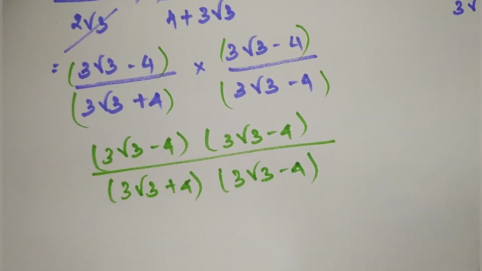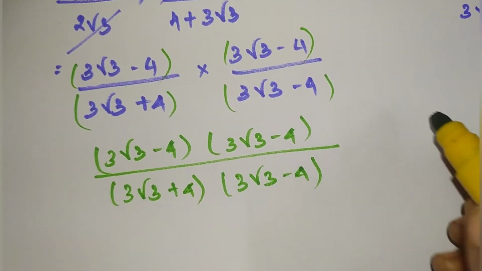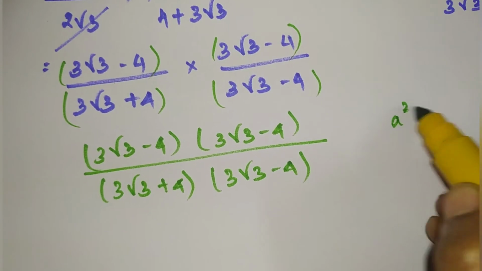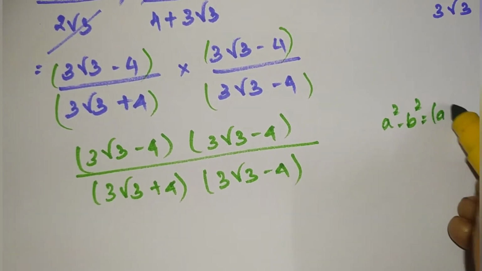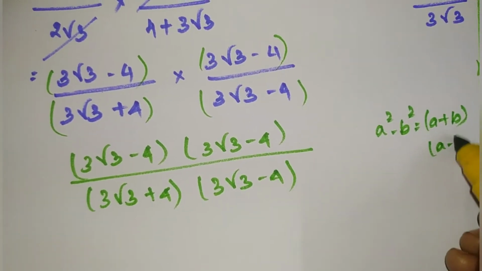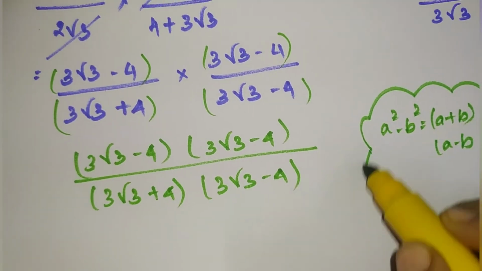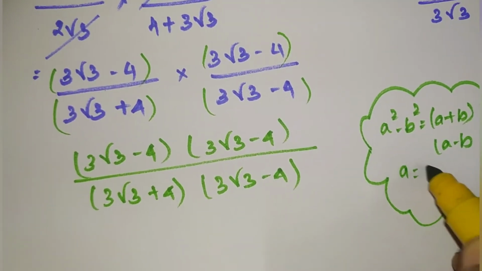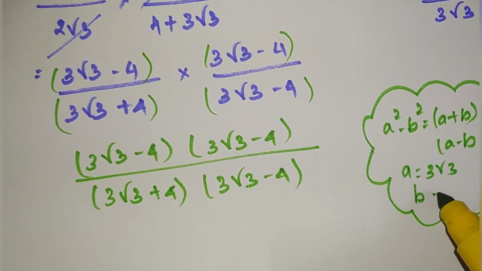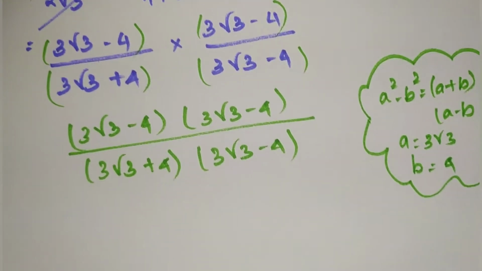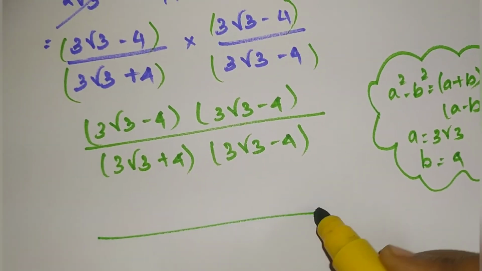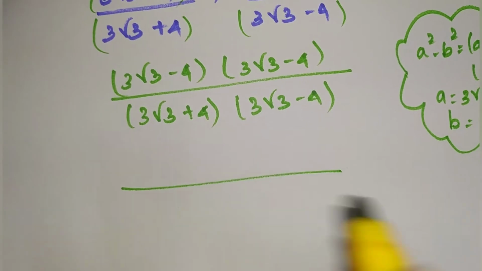So first simplify the denominator. In the denominator, you can apply the formula a square minus b square, that is a plus b, a minus b. A is equal to 3 root 3 and b is equal to 4. First simplify the denominator and then I will simplify the numerator.